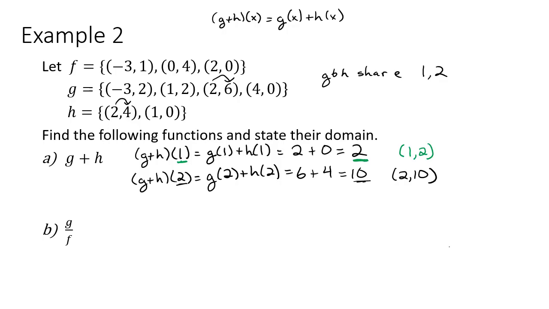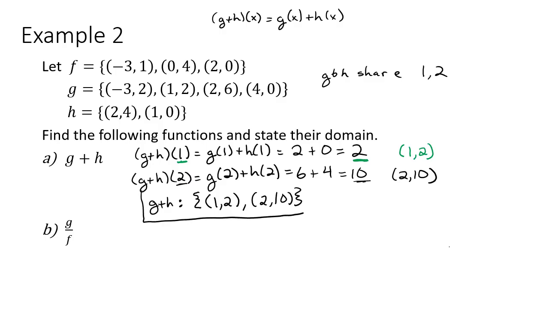So now we can fully define the function. G plus h, the function, written in the same format we have up here, it's a discrete function, a list of ordered pairs, is fully defined by (1, 2) and (2, 10). We still need to list out the domain as well.